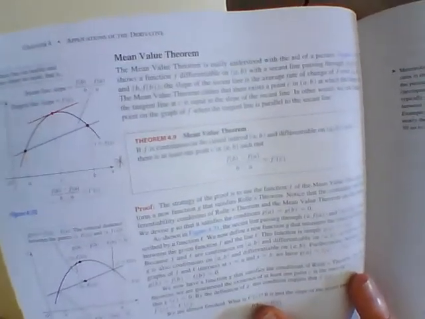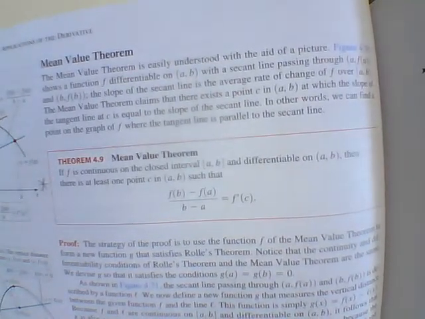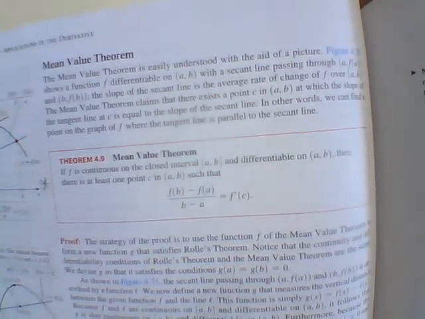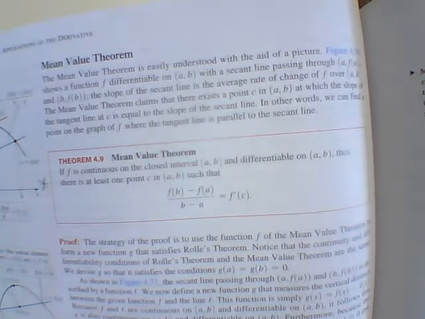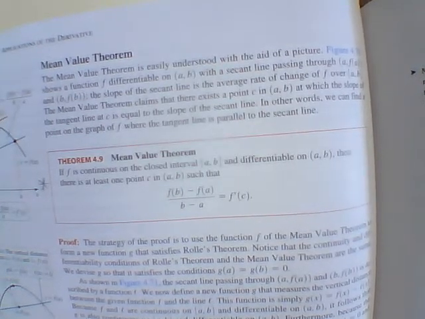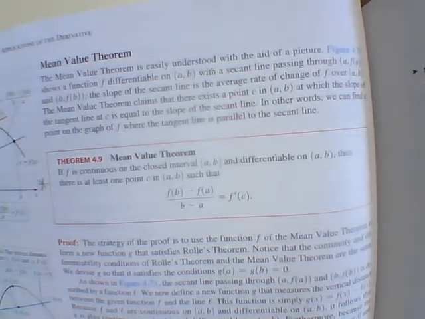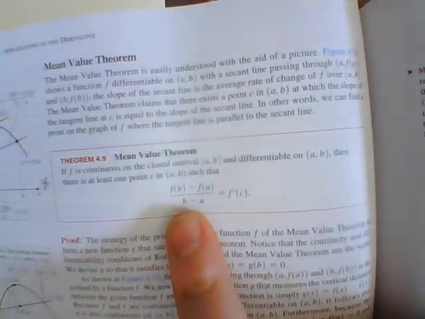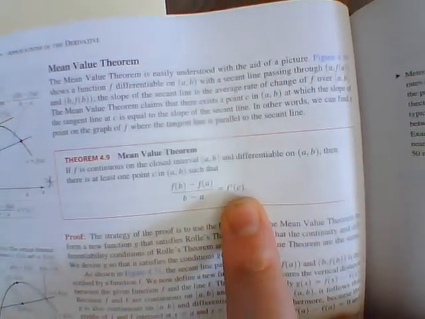Now our mean value theorem. The mean value theorem is an important theorem in calculus. It talks about the fact that we have at least one point in here. If f is continuous on a closed interval from a to b and is differentiable on the open interval a to b, so that means we have a continuous graph, then there is at least one point c in (a, b) such that f of b minus f of a over b minus a equals the derivative at c.